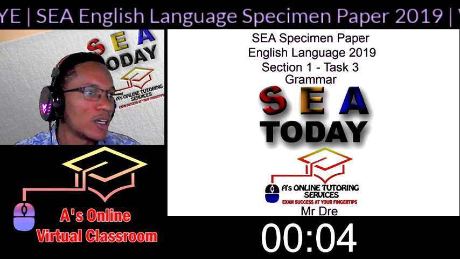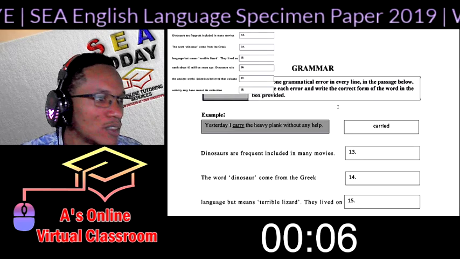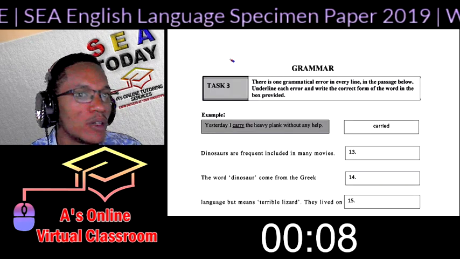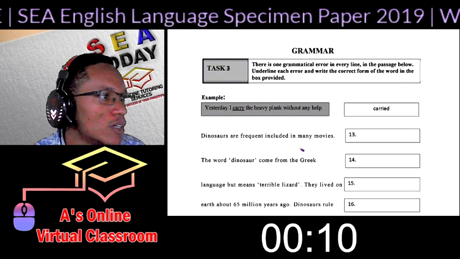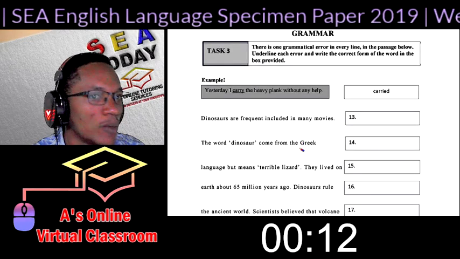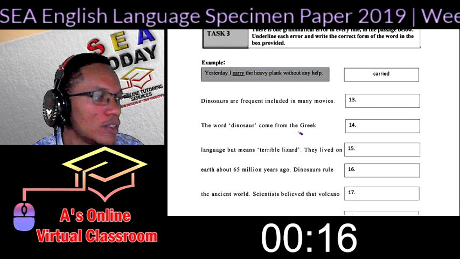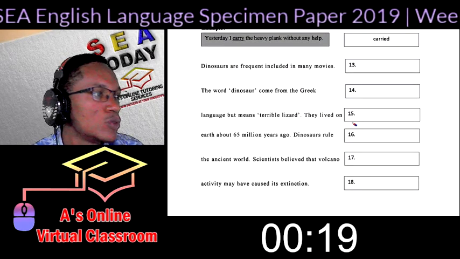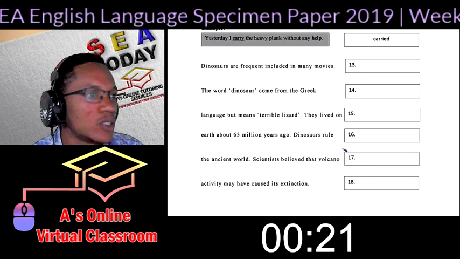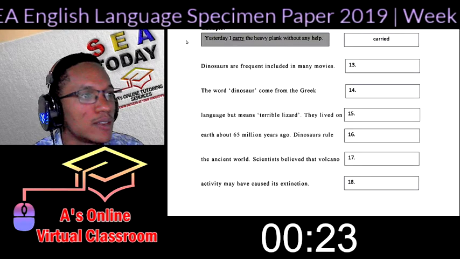So we're looking at Specimen Paper task 3, grammar. We're going to read the instructions first. There are 1, 2, 3, 4, 5, 6 questions in this part.